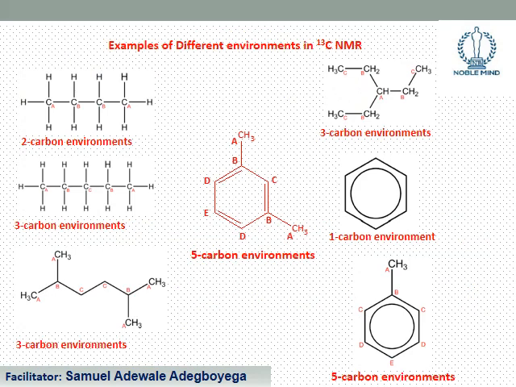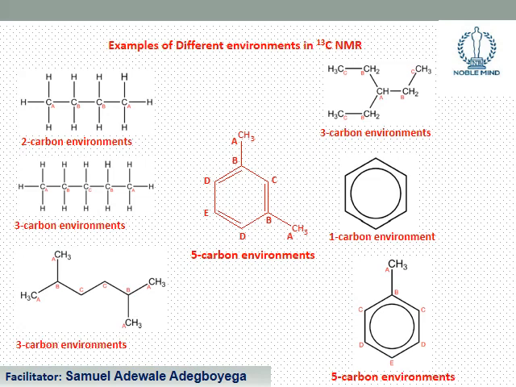We have discussed many things in proton NMR, and we will still be mentioning them as they are applicable to carbon-13 as well. We discussed what environments are in proton NMR, so you can refer back to our previous classes to understand that. Let's look at different structures of molecules and see the number of environments they have. The first structure has 2 environments.